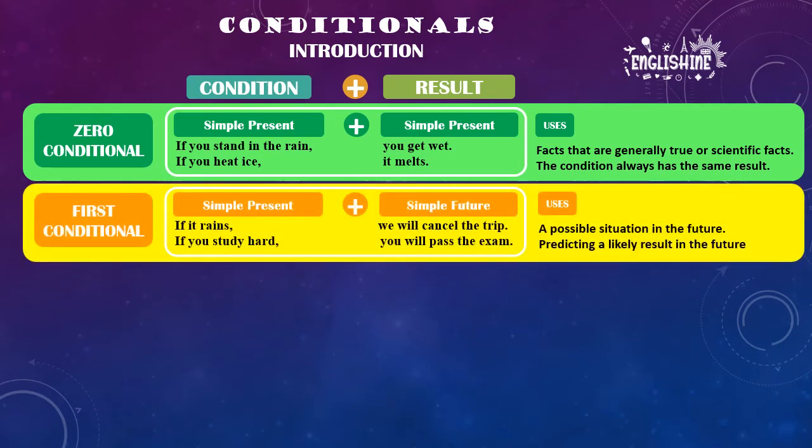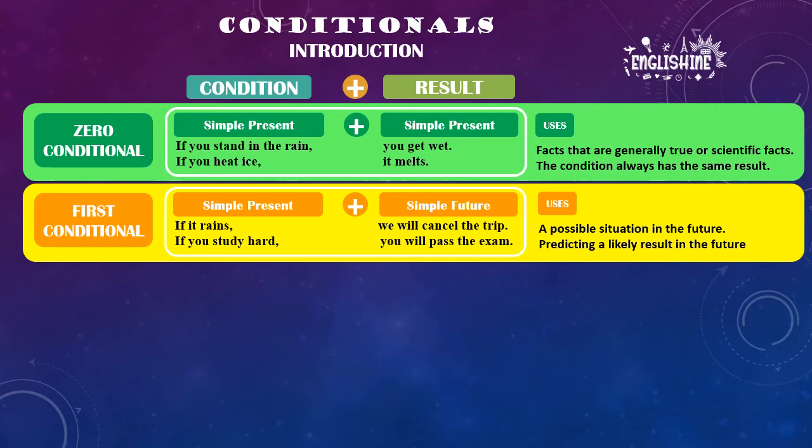The first conditional. We can use the simple present plus the simple future. This is used to express a possible situation in the future. We are predicting a likely result in the future if the condition happens.